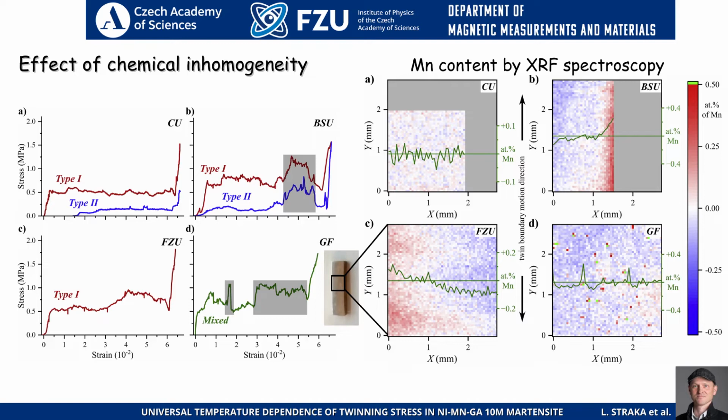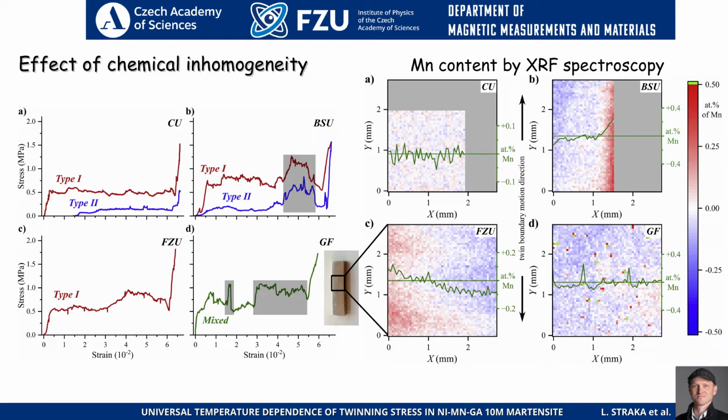One property which is, I would say, critical or very important is the chemical homogeneity of the samples. What we can see here on the right are maps of chemical composition which we measured using X-ray fluorescence spectroscopy. Some parts are missing because, for example, this BSU sample size is limited.